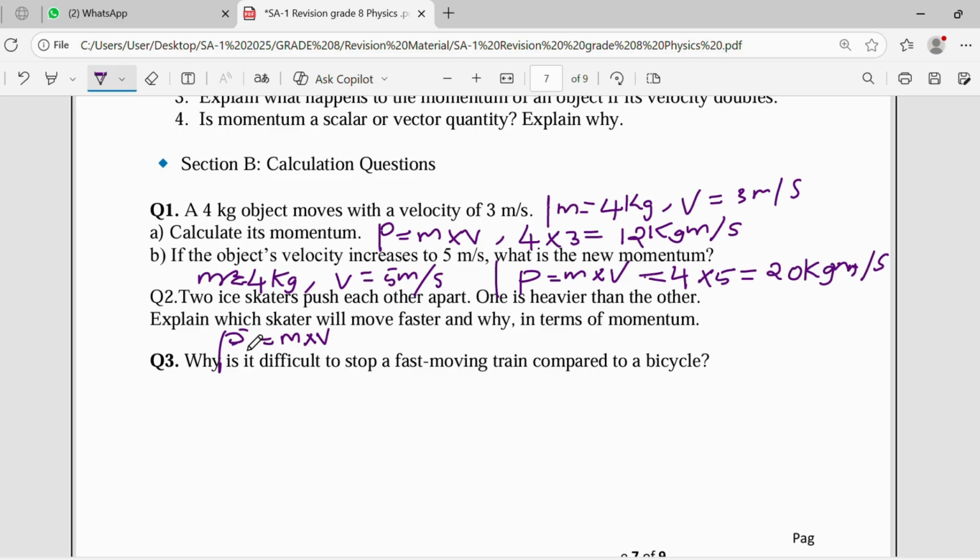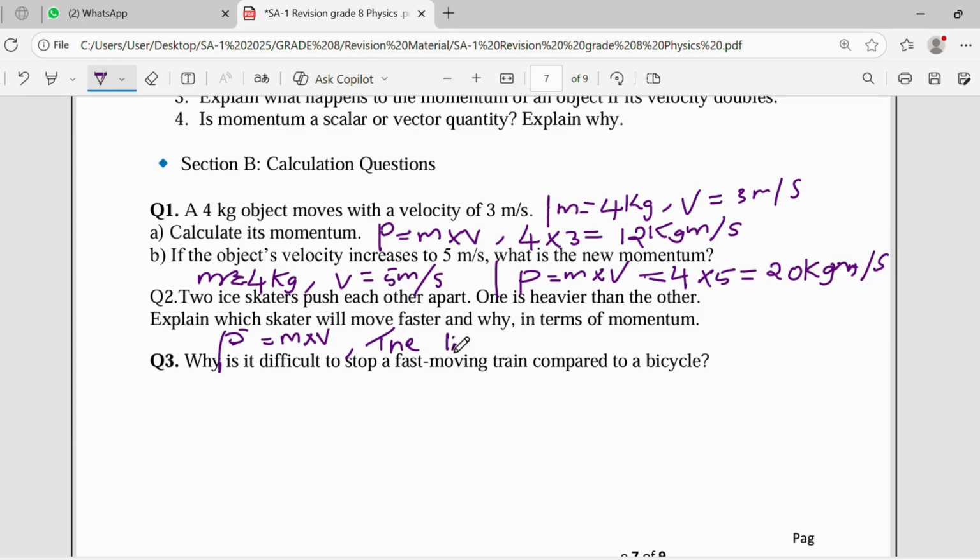That means mass is proportional to the momentum, velocity is proportional to the momentum. Here, the heavier skater pushes a lighter skater. So, which one will move? Obviously, since the lighter skater has a smaller mass, they must move faster to have the same momentum as the heavier skater.